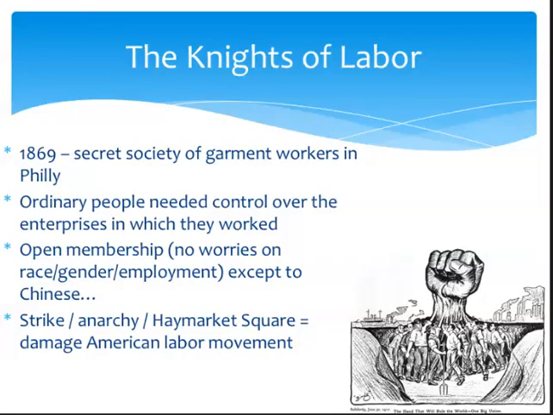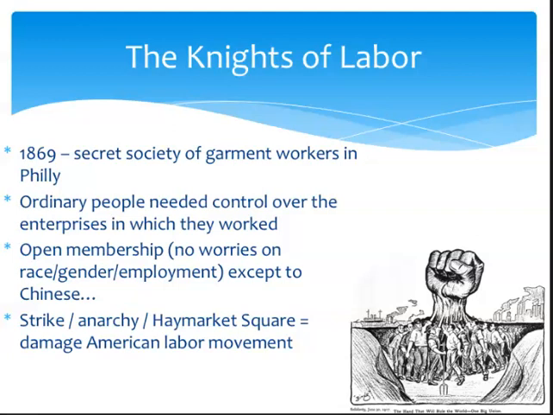Now, you also have the Knights of Labor. In 1869, it was started as a secret society of garment workers, workers that were creating clothes in Philadelphia. Ordinary people needed control over the enterprises in which they worked, is kind of their philosophy. If I work in a factory, I need some say, I need some control on what is going on in there. It was open membership. They didn't worry about race or gender or employment, except if you were Chinese.